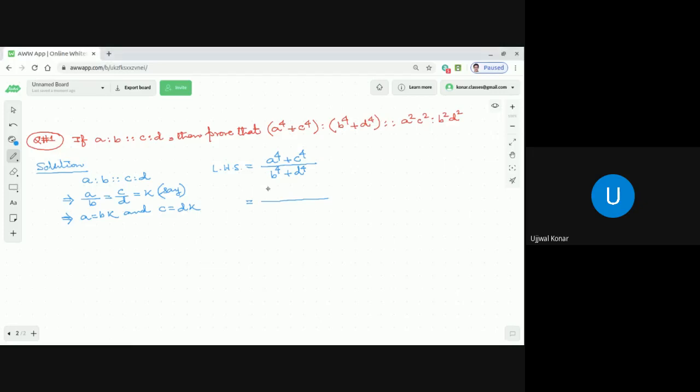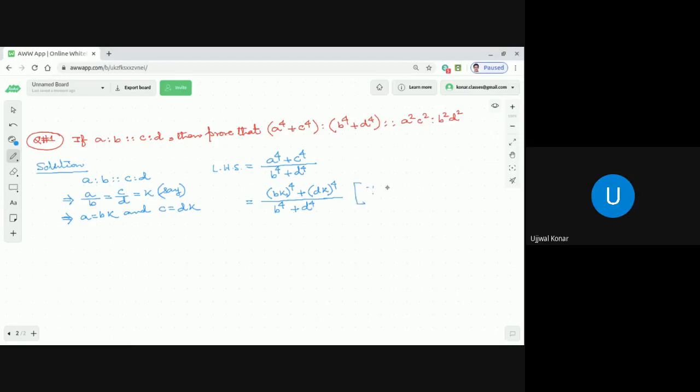A is BK. So A to the power 4 is BK to the power 4 plus C to the power 4 means DK to the power 4. Correct, no? Divided by B to the power 4 plus D to the power 4. How can we write this?